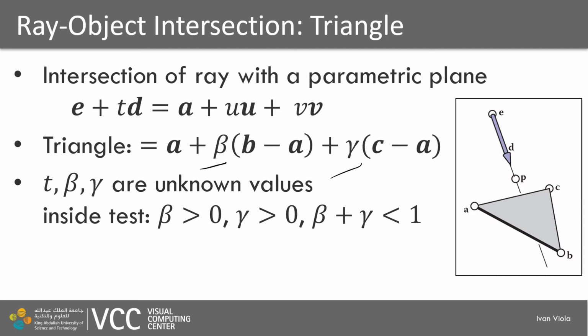Into this equation, we can then enter the values to find out the beta and gamma parameters and the t value of our intersection point. And if all of these three values are within a valid range, then we will have a valid intersection.